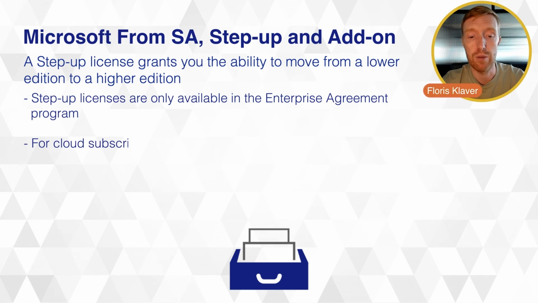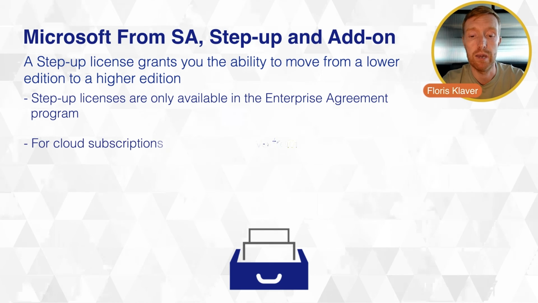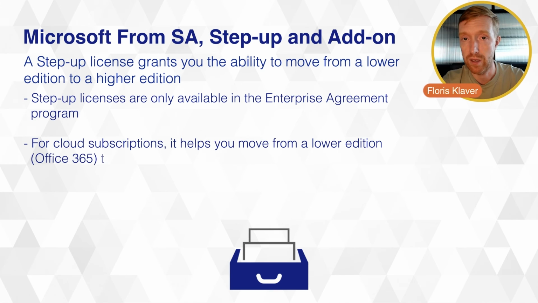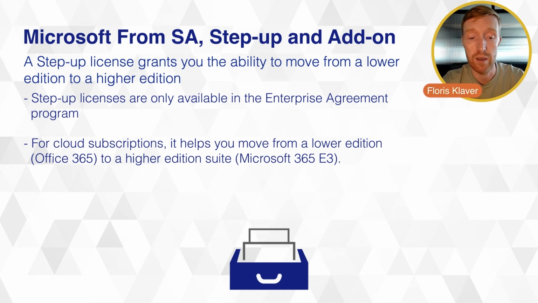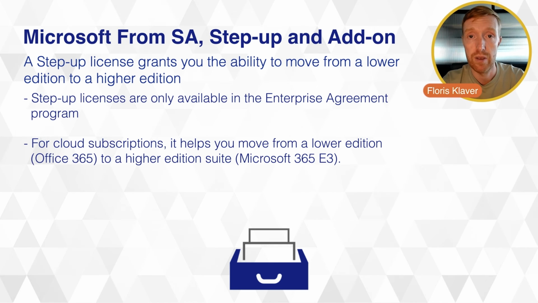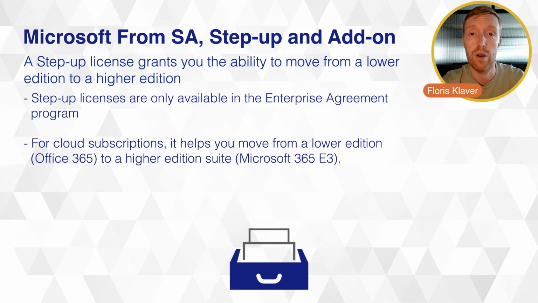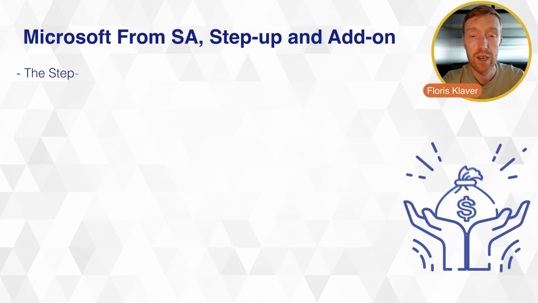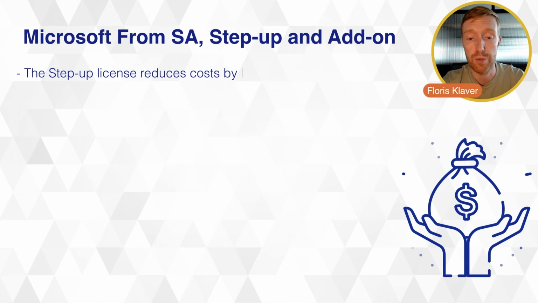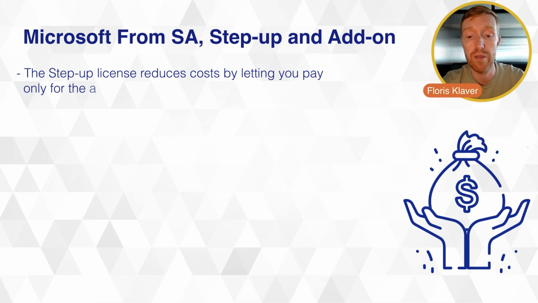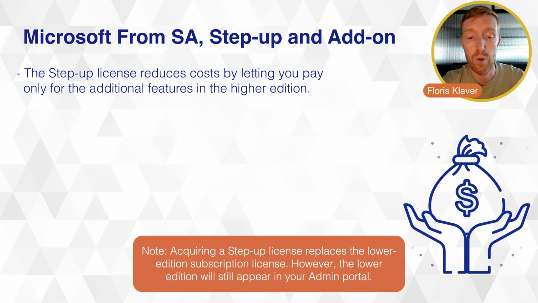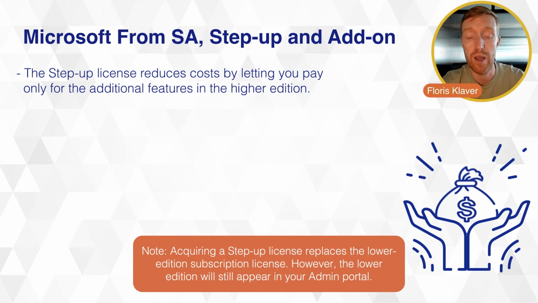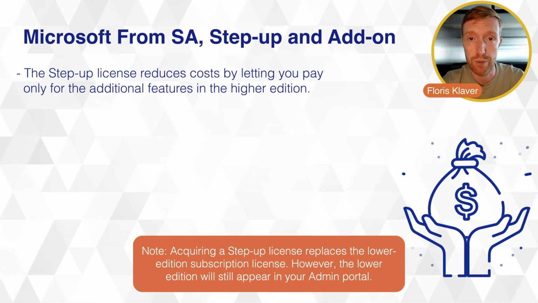But in case of a cloud subscription, moving from a lower edition suite, for instance, an Office 365 E3 license, to a higher edition suite like a Microsoft 365 E3 license to unlock all the additional functionality there. It helps you to reduce cost on your subscriptions by allowing you to only pay for the additional set of features that is available in the higher edition. And when you acquire that step up, it replaces the lower level edition subscription license.